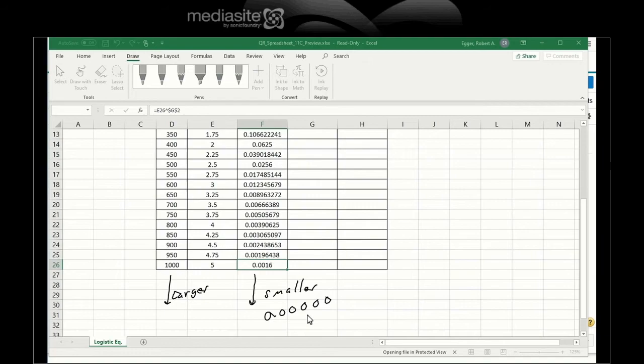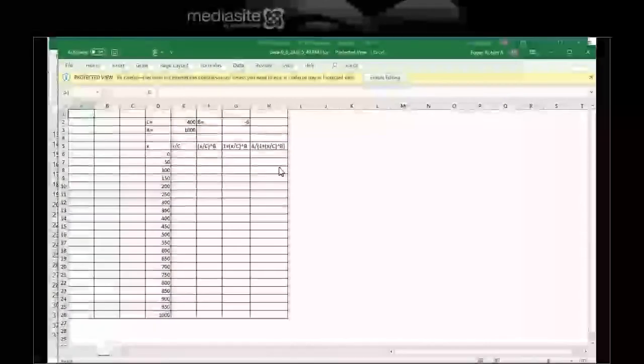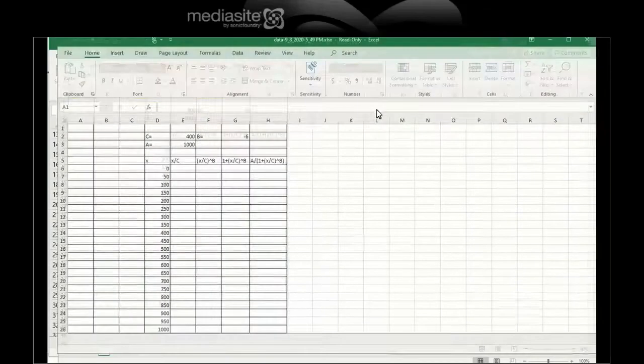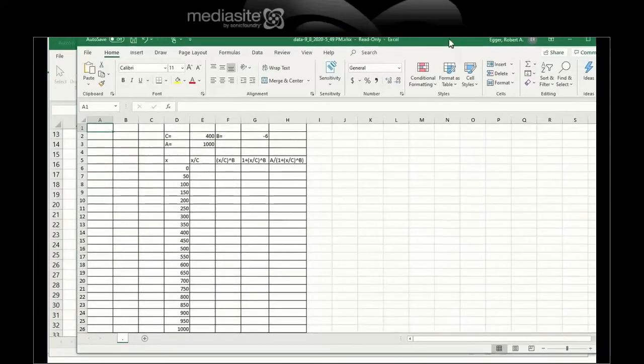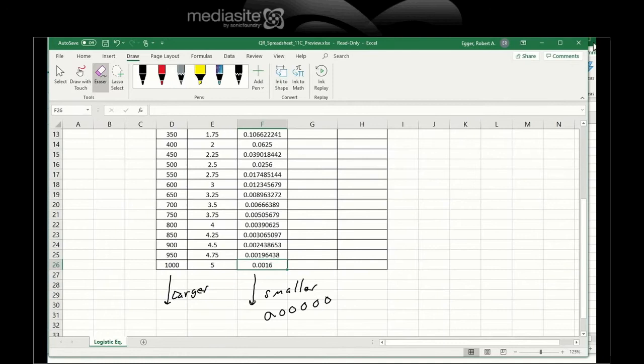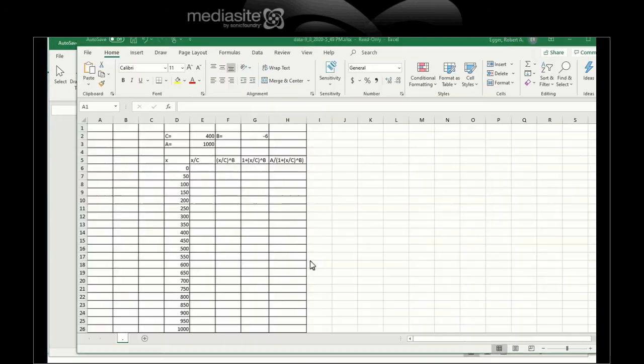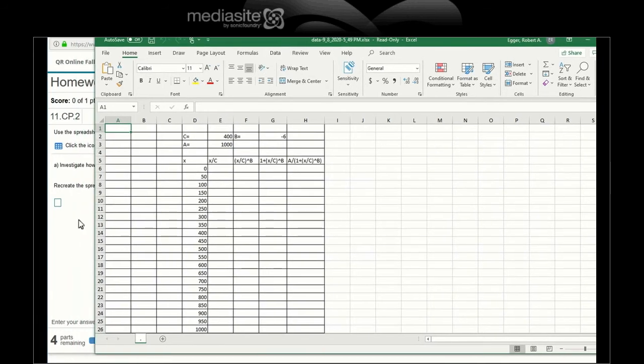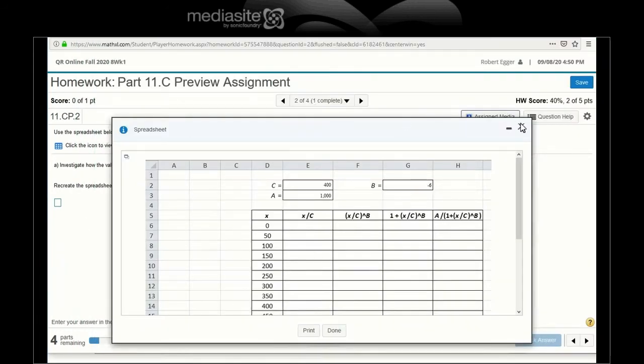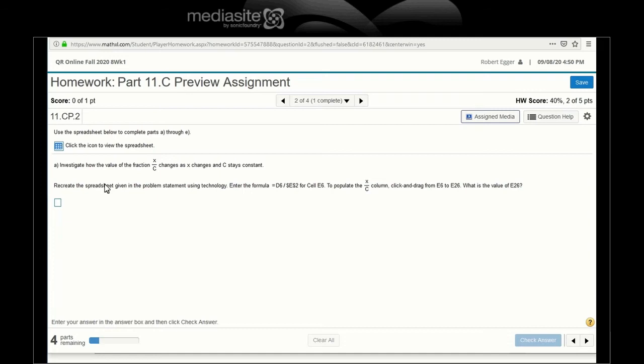All right, and here's a fresh one. And what do we want to do? Let's enter this into cell E6.